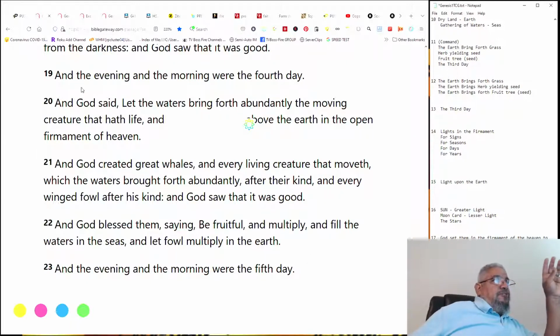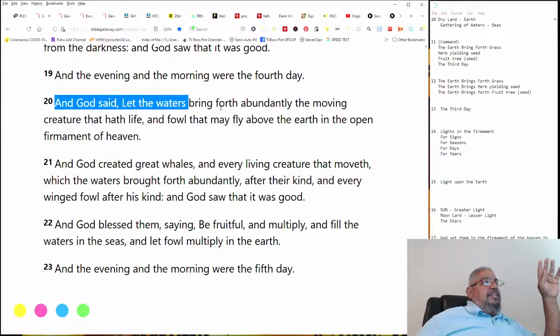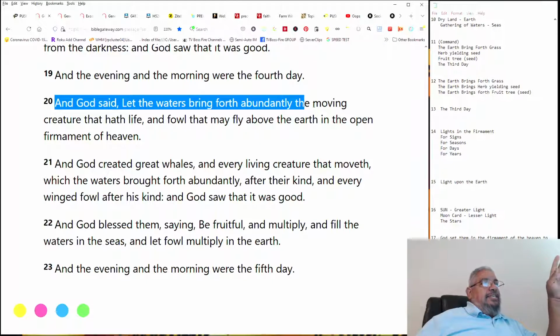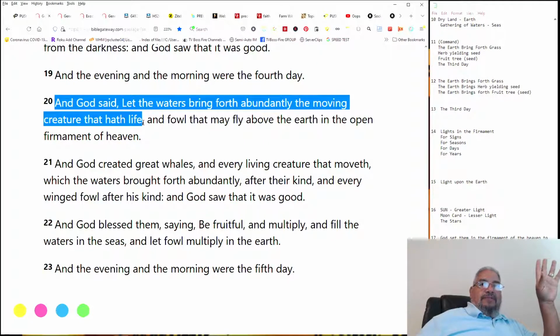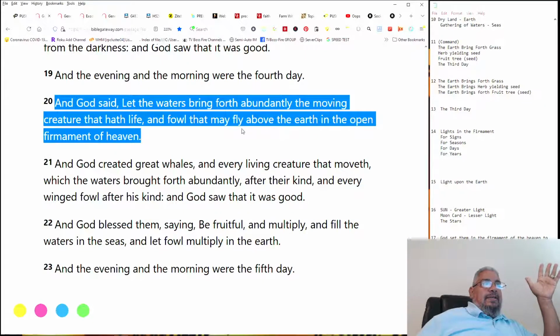Now let's read 20 again so you can catch it. Vamos a leer 20 otra vez. And God said, let the waters bring forth abundantly the moving creature that have life. Right? So he said, let the waters bring forth creature that has life, and fowl. Right? Let's read in Spanish.